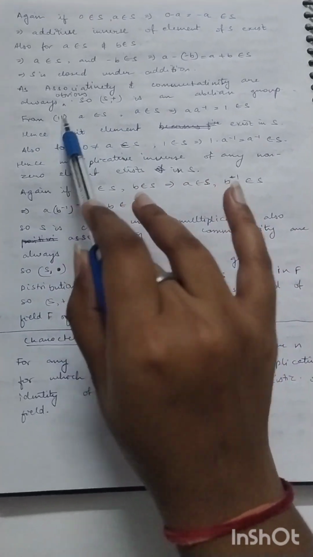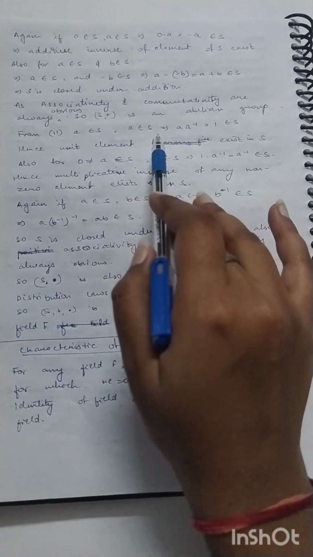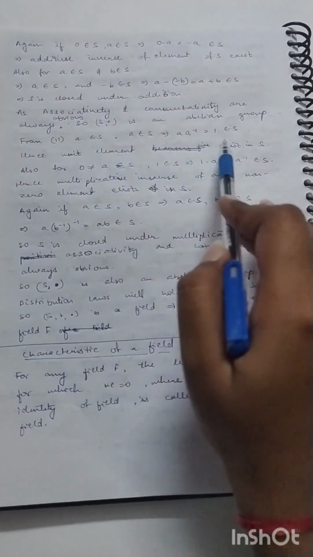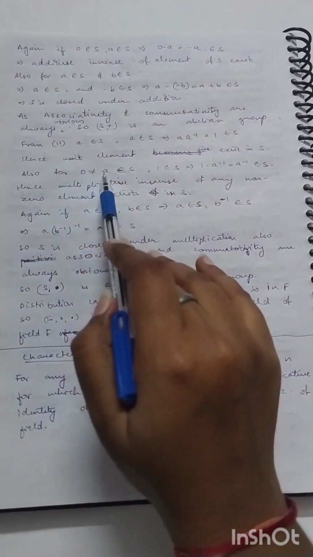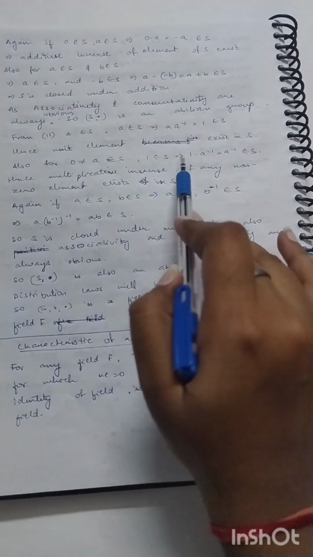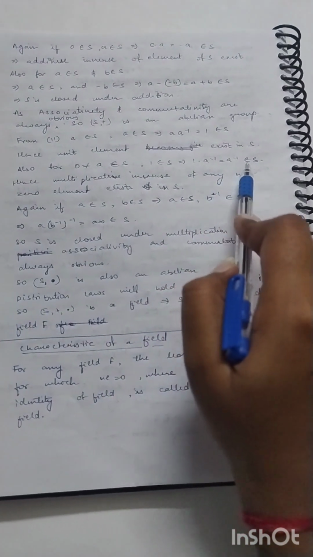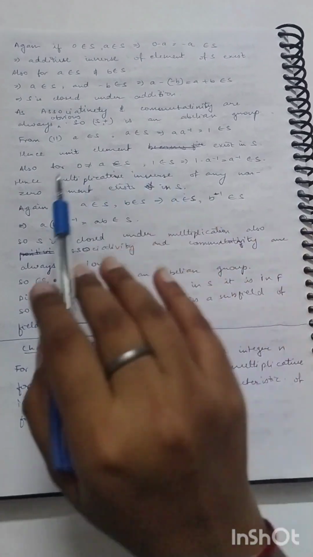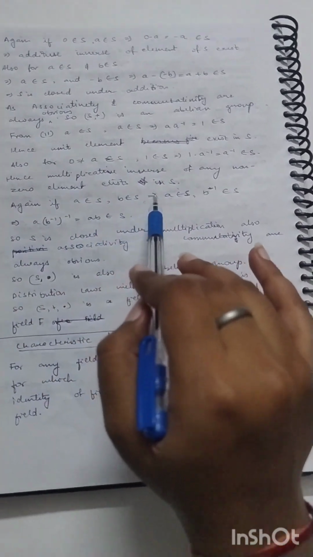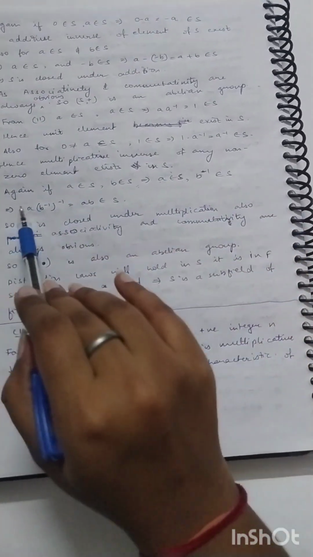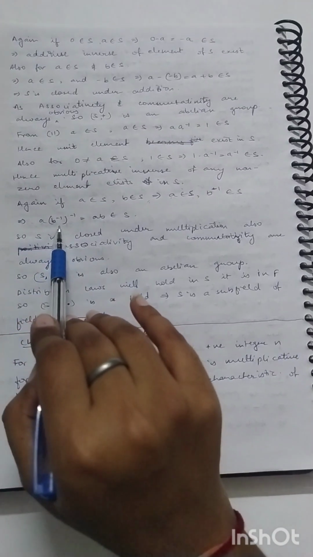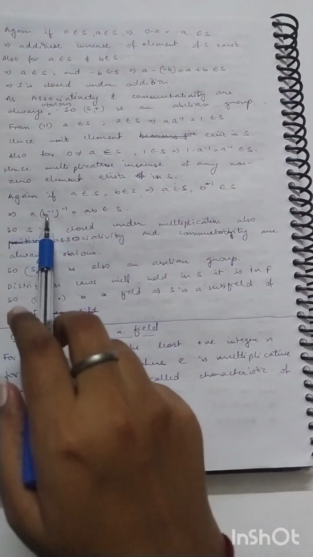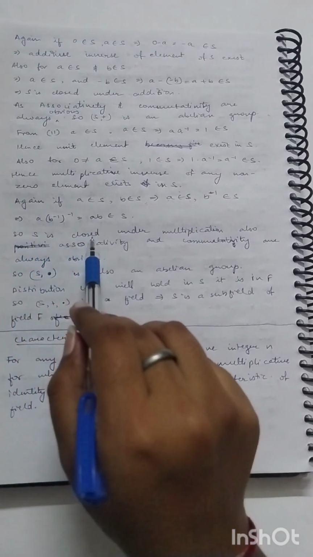From condition 2, a belongs to S and a belongs to S gives that a into a inverse is equal to 1 belongs to S. Hence a unit element exists in S. Also, for 0 not equal to a belongs to S, 1 belongs to S gives 1 dot a inverse is equal to a inverse belongs to S. Hence, the multiplicative inverse of any non-zero element exists in S. Again, if a belongs to S and b belongs to S, gives a belongs to S and b inverse belongs to S. This implies that a into (b inverse) inverse is equal to ab belongs to S. So S is closed under multiplication.